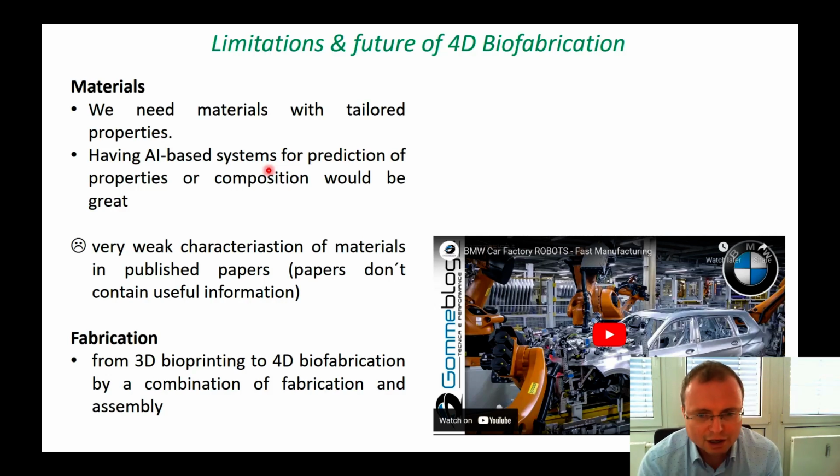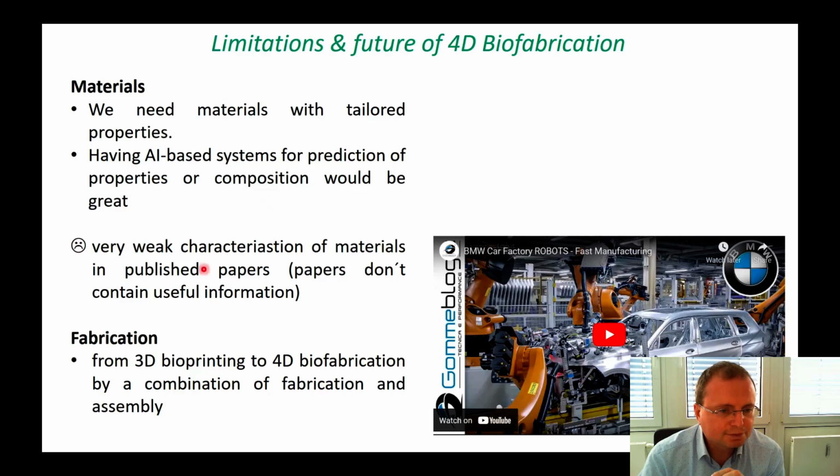For example, having a huge database of materials with well-defined, well-characterized properties, and analysis of this database using artificial intelligence would definitely help us in the development of materials with targeted properties.